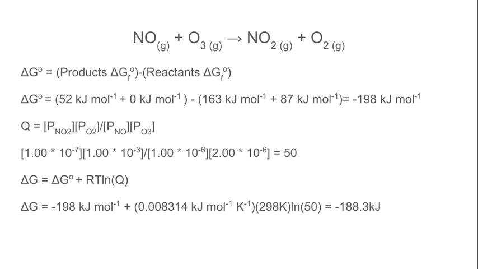So like the K, we plug in the pressure of products divided by the pressure of the reactants, and we get 50. Cool. So now the total delta G is equal to the delta G naught plus RT, R times the temperature times the natural log of Q. And after we plug that all in, we get negative 188.3 kilojoules.